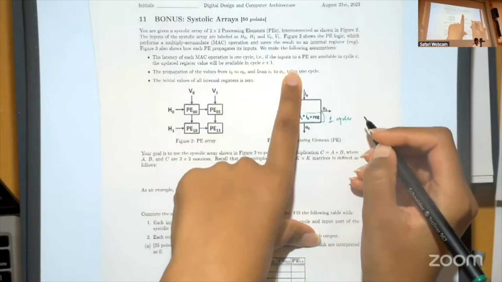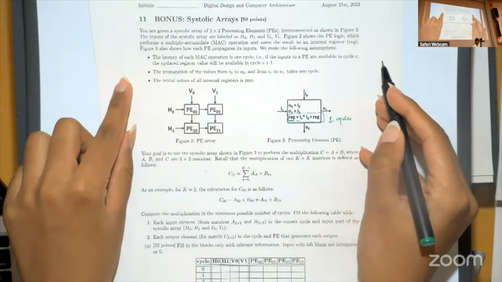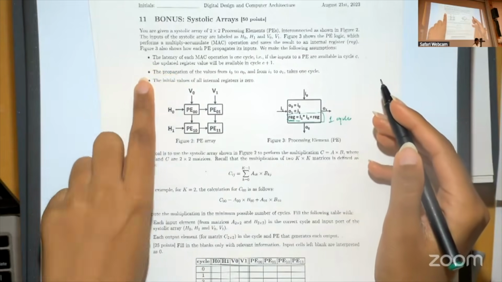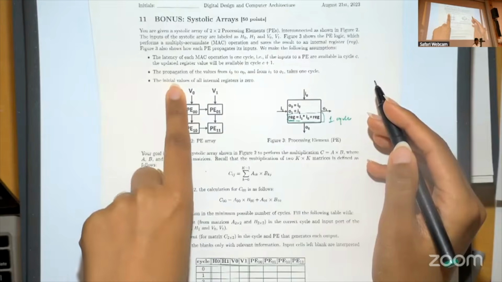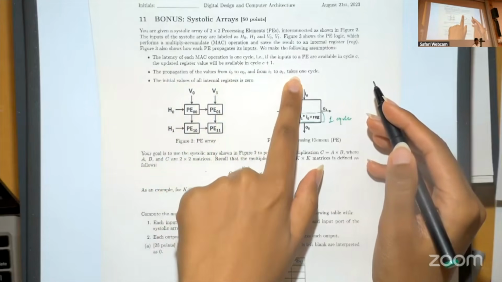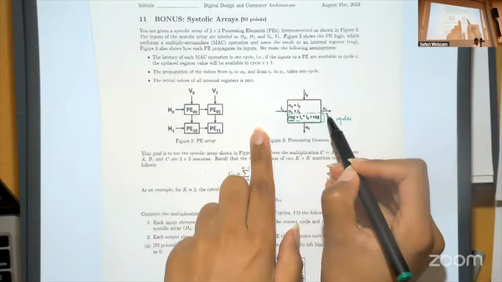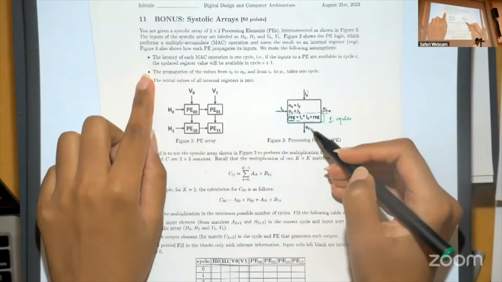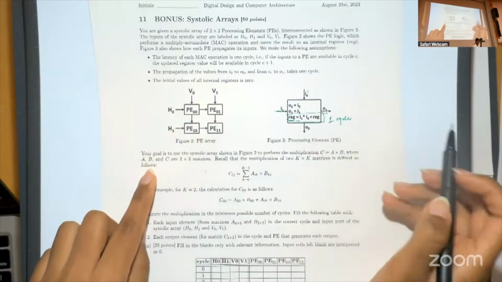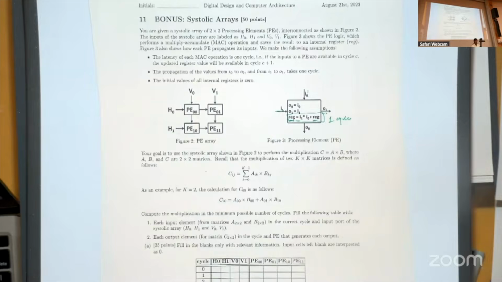That is, if the inputs to the PE are available in cycle C, the updated register value will be available in cycle C plus 1. The propagation of the values from I0 to O0 and from I1 to O1 takes 1 cycle. This also takes 1 cycle, and this also. And the initial values of all internal registers is 0. So this will be set as 0 initially.